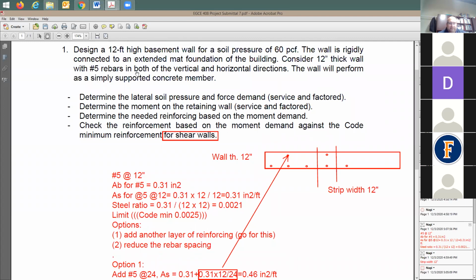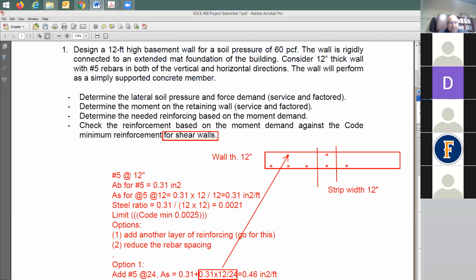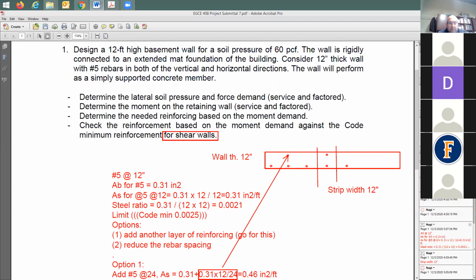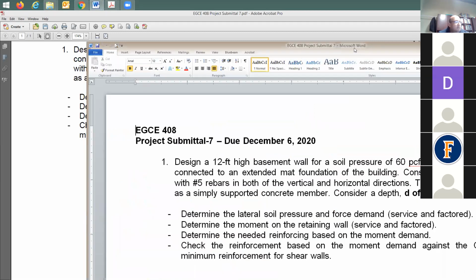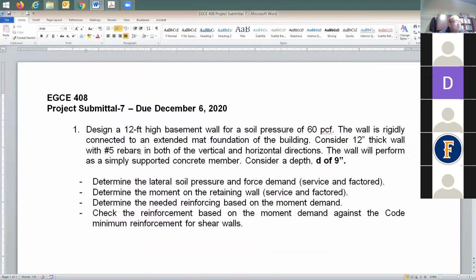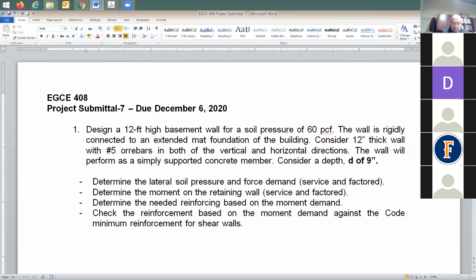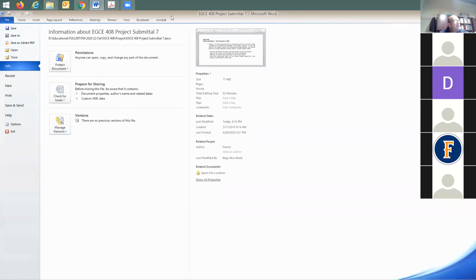How about that? So you can use number 5 or number 6 only. Let me change it now before I forget. So you can choose.